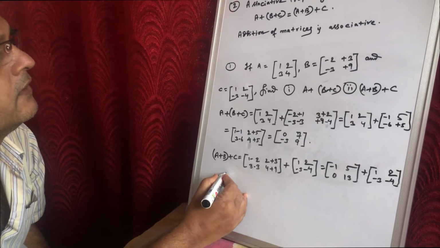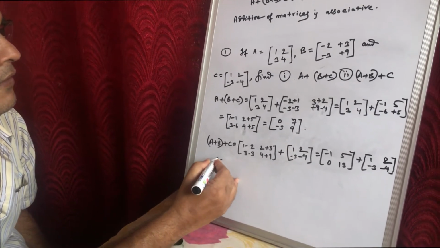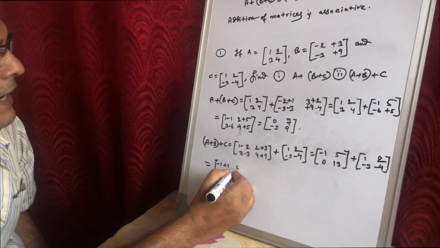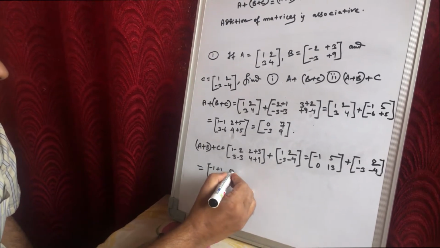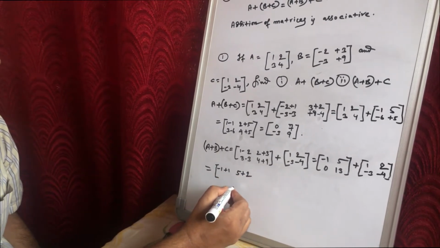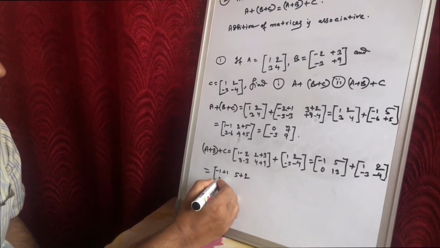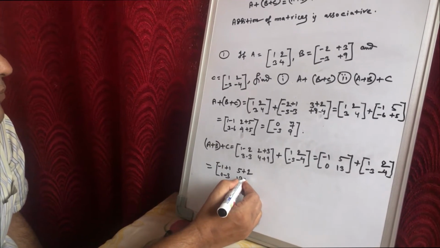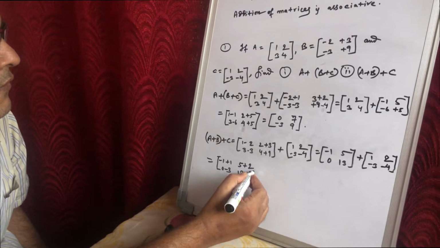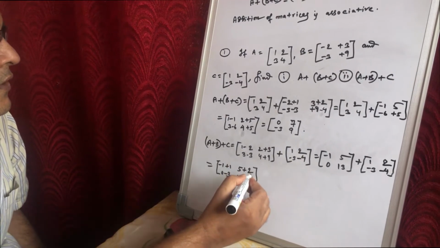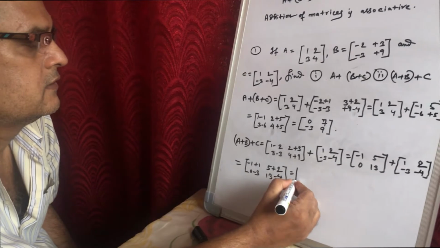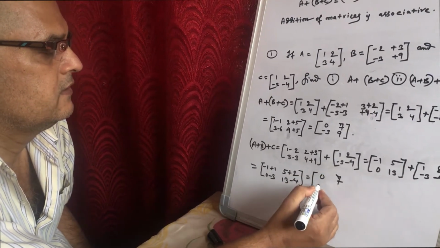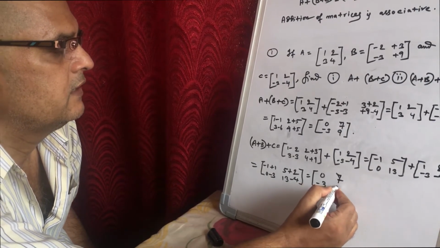It is minus 1 plus 1, 5 plus 2, 0 minus 3, 13 minus 4, is equal to what? It is 0, 7 minus 3 and 9.